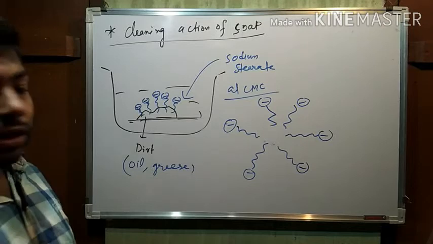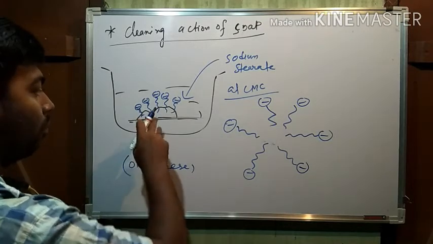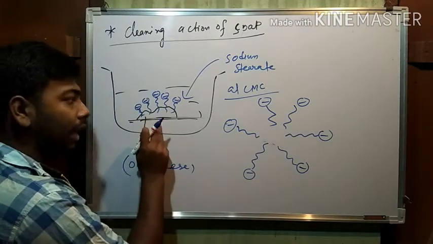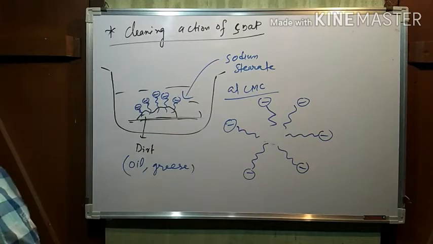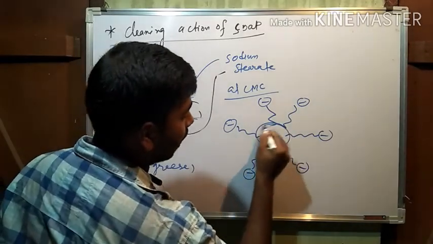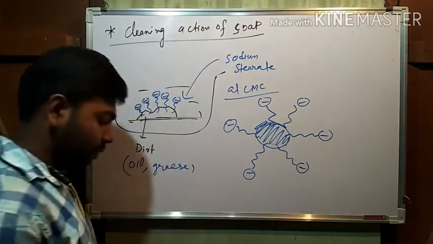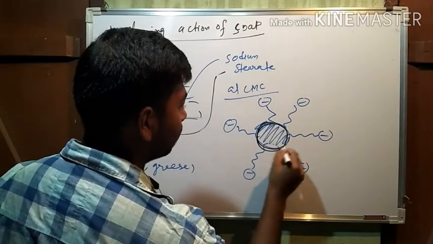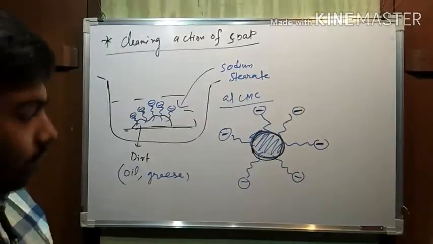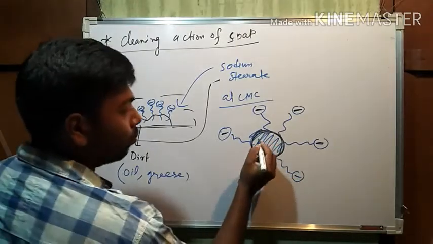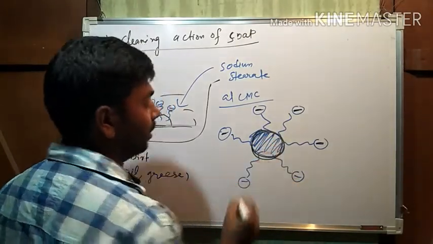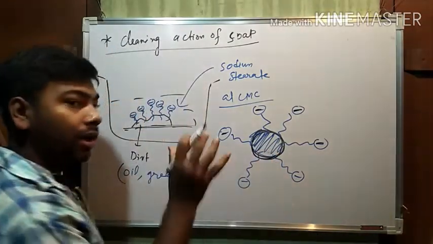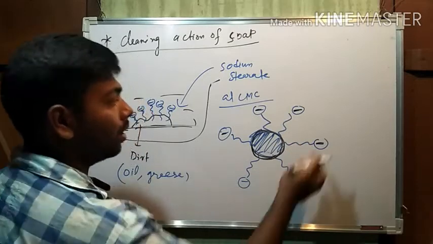Due to the oily nature of the dirt, this oily group, that means dirt, is attached with this water repelling part. Now here is the dirt. Now the main thing is here. This dirt comes with the aggregation, that means in between the micelle. Due to this water hating component, that means oily substances, this dirt is enclosed in between the micelle.